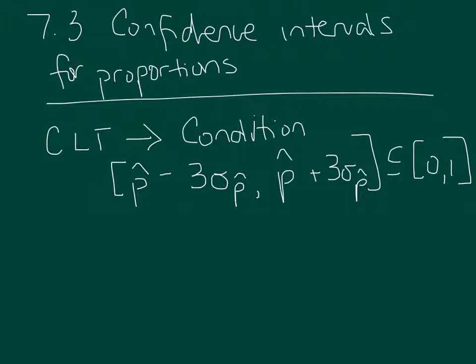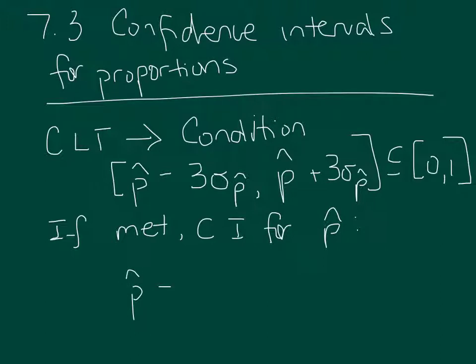In order to be able to use this formula I'm getting ready to write down, remember you need to first check this sample condition, and we'll go through what these formulas are in our example today. If that's met, then you can create a confidence interval for p, which can be found by doing p hat plus or minus z alpha over 2 times the square root of p hat times 1 minus p hat over n.